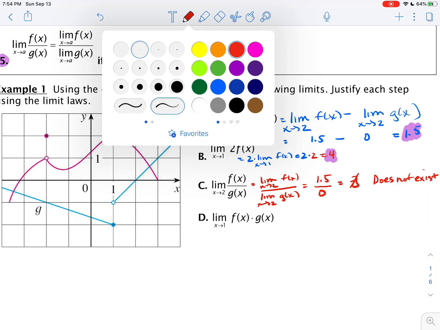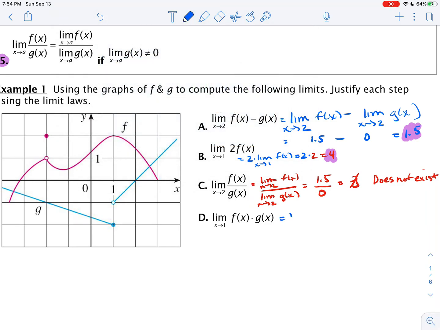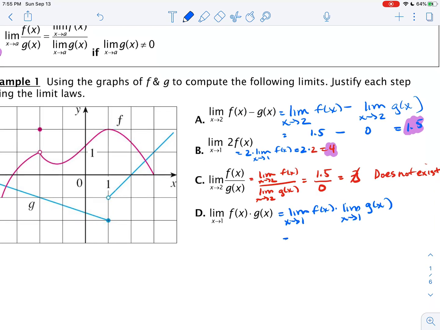All right, moving forward, the limit of a product is going to be the product of the limits. And so we have the limit as x approaches 1 of f of x times the limit as x approaches 1 of g of x. And we saw from part B that the limit as x approaches 1 of f of x is equal to 2. And now what is the limit of g of x as x approaches 1?